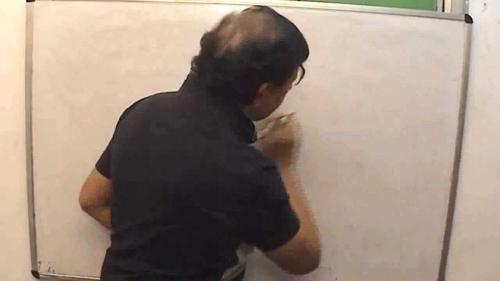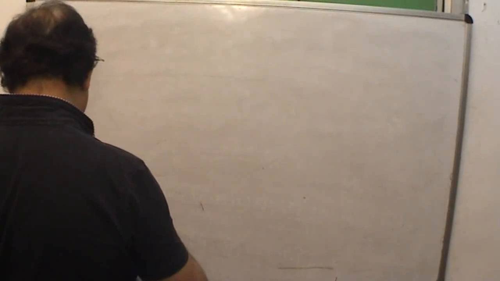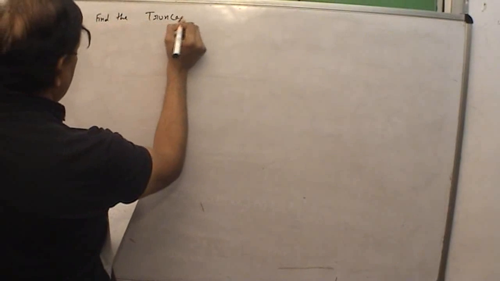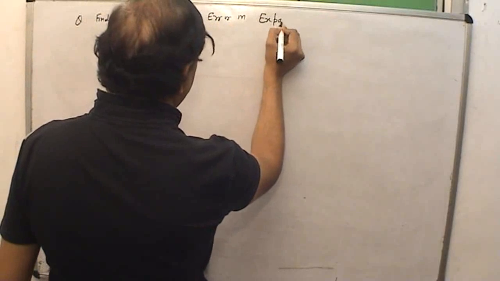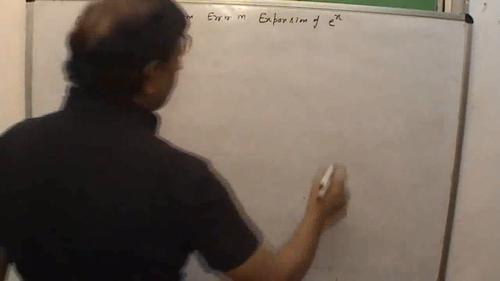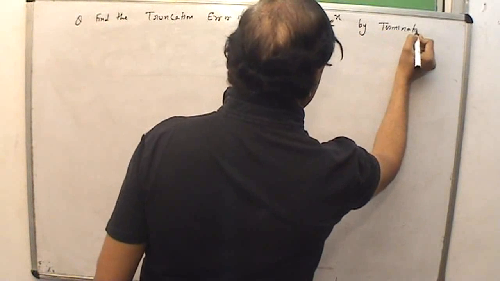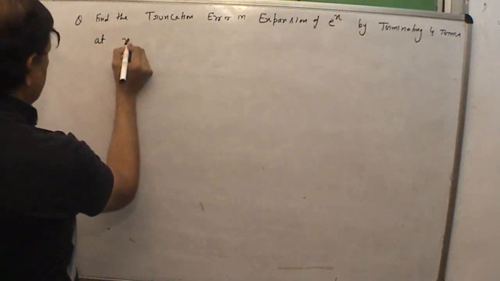Let us discuss an example for the truncation error: find the truncation error in the expansion of e raised to the power x by terminating four terms at x is equal to 1.